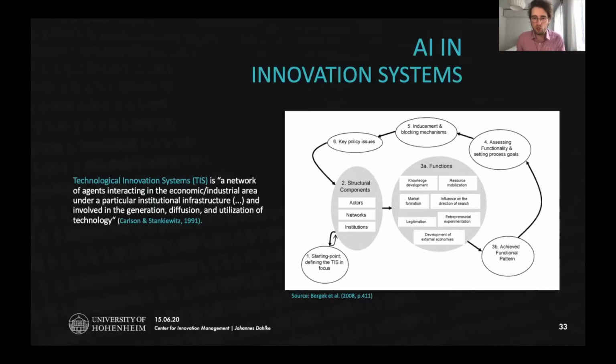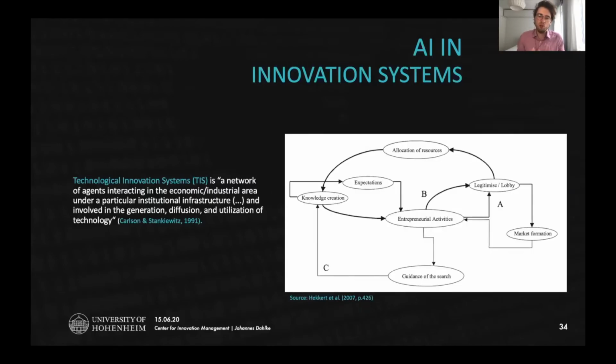And for that, I would like to show you the next picture, because here we see what kind of functions are at the center of an innovation system and create a certain dynamic, which we may call virtuous cycles. So these virtuous cycles are basically activities of the actors in an innovation system reinforcing themselves and therefore enabling the pervasive diffusion of a technology.